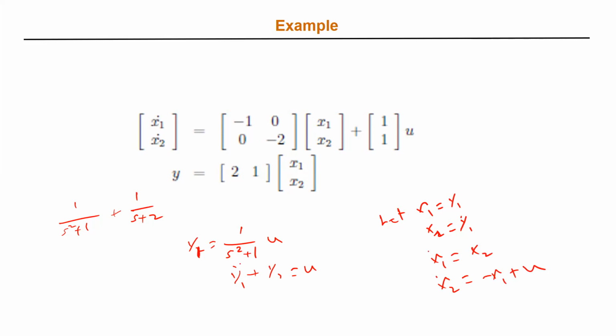So what is the A matrix in here? It's going to be 0, 1, minus 1, 0. This is x1, x2 plus 0, 1 times u. This is the representation for this part.